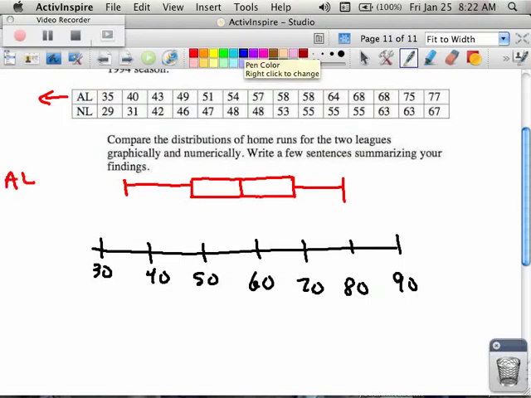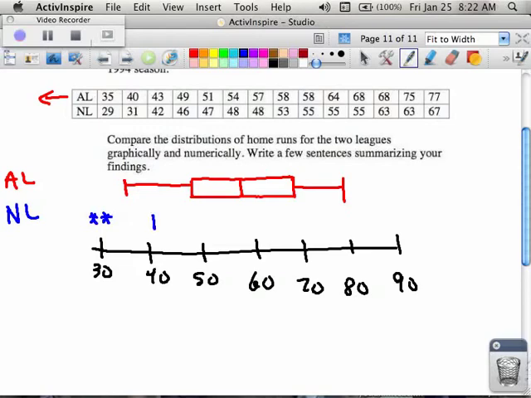Then the National League, if I did the same kind of thing, what you find out when you graph it is that there are a couple of outliers right down here. And then the end of your whisker is right around 40.